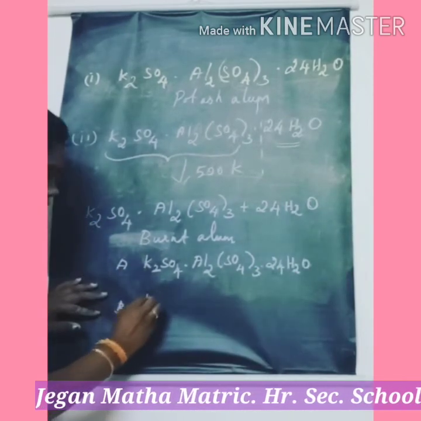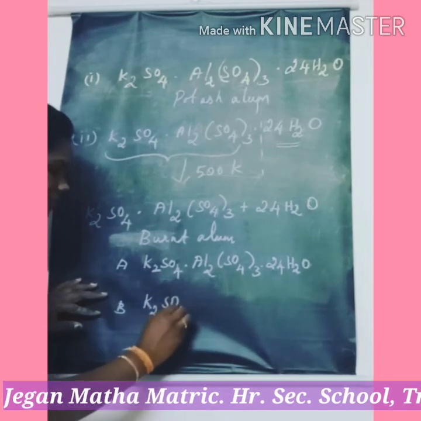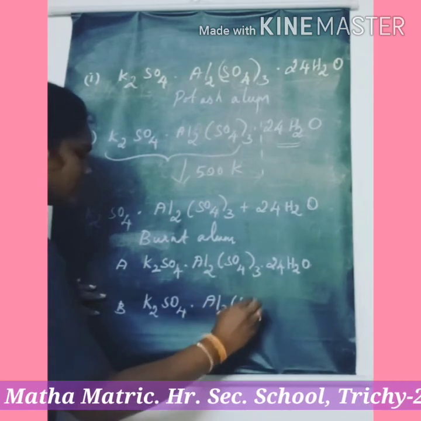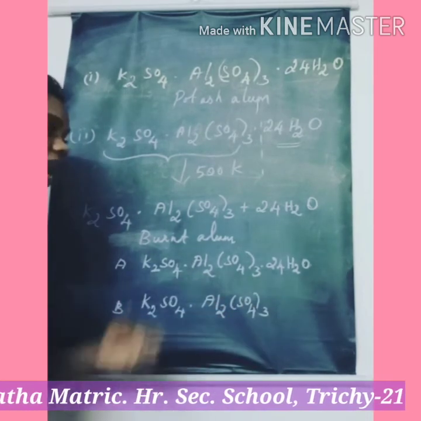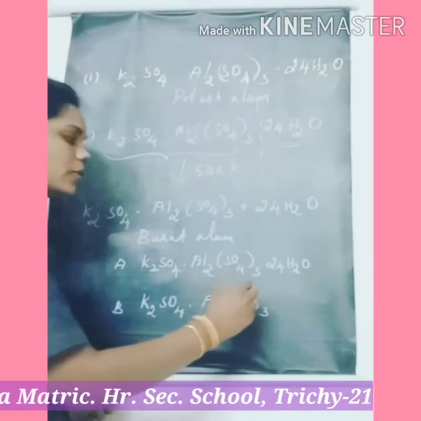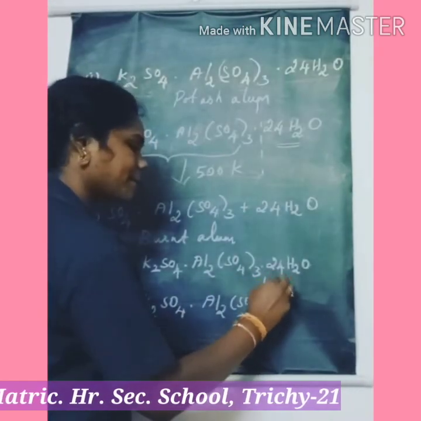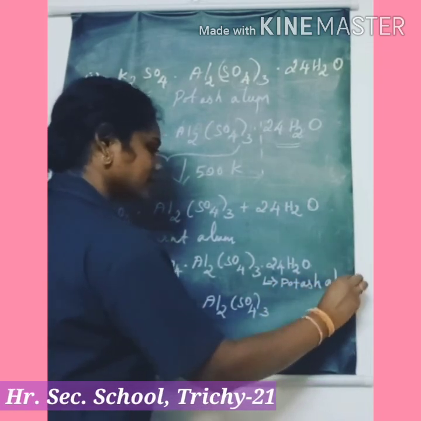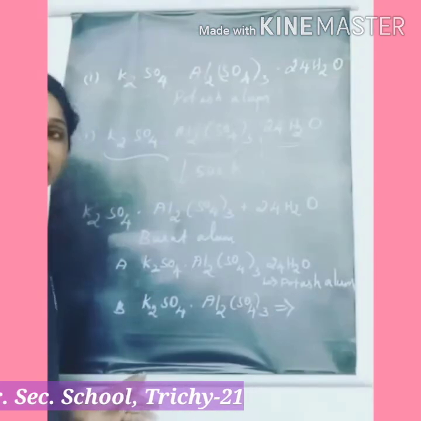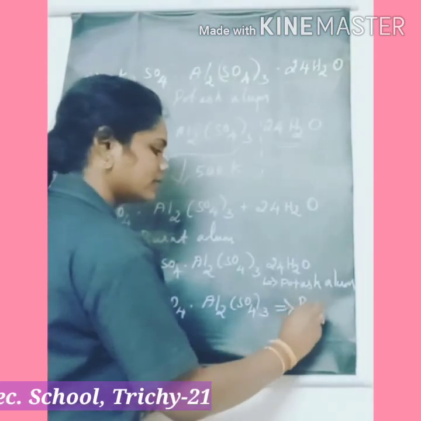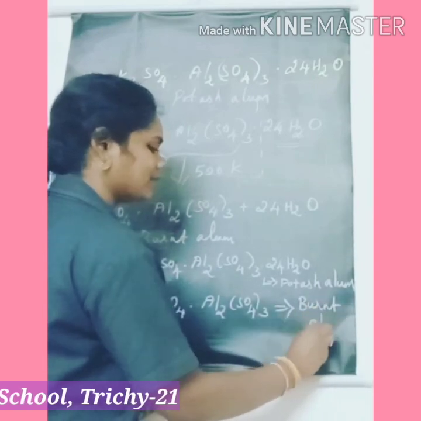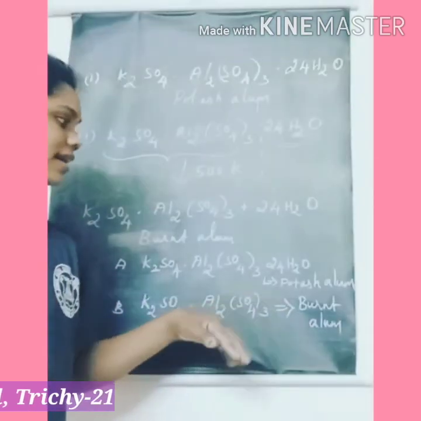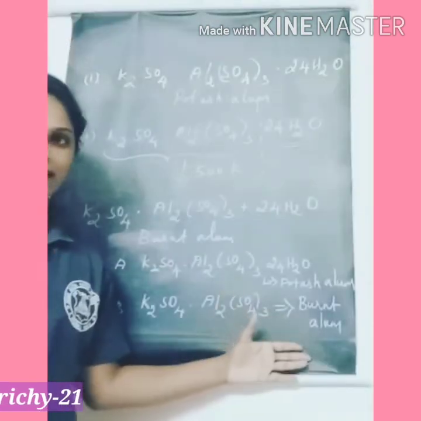That is K2SO4, Al2(SO4)3. Okay, and then you write the name also. The first compound name is potash alum. So this is potash alum. And then the second compound name is burnt alum. So burnt alum. So what is compound 1? So compound 1 is potash alum. Compound 2 is burnt alum.